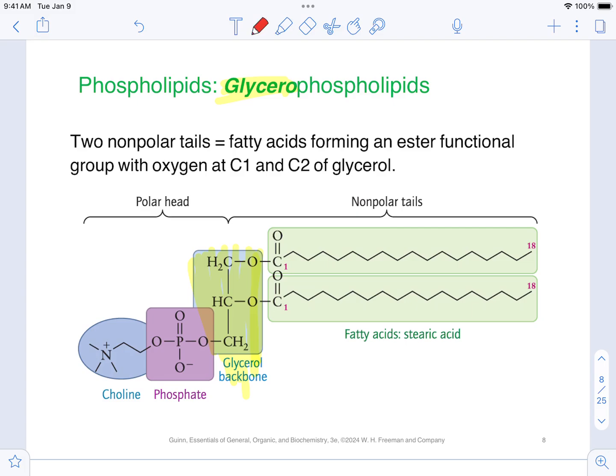So if you look on the right here, here are your fatty acid nonpolar tails, and then they will join to two hydroxyl groups to form your esters. And if you look on page 578 in the book, that is where you will see this depicted as well.